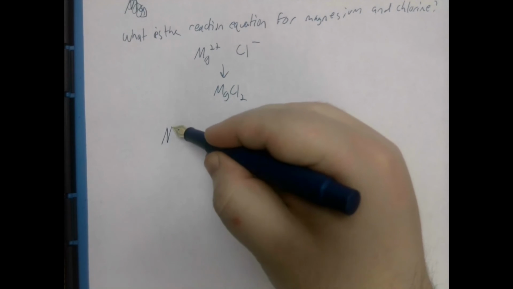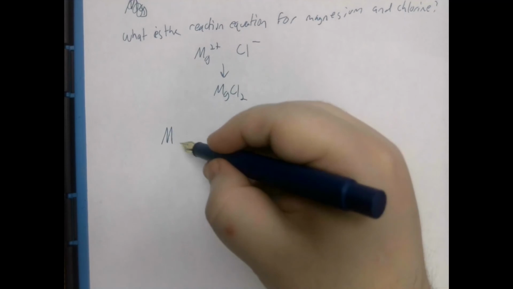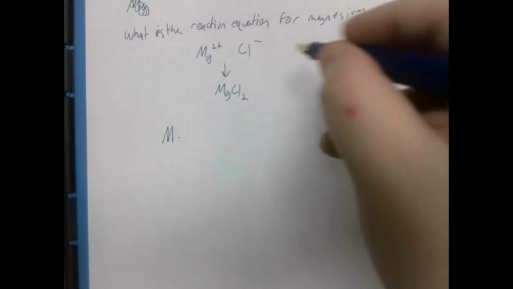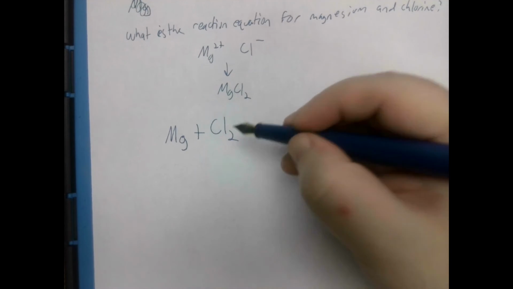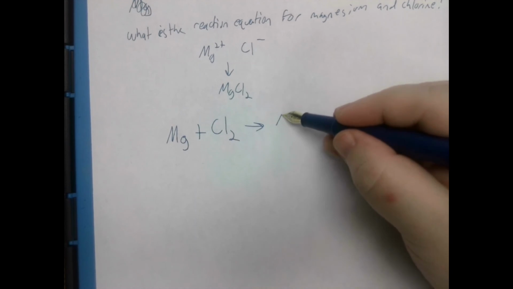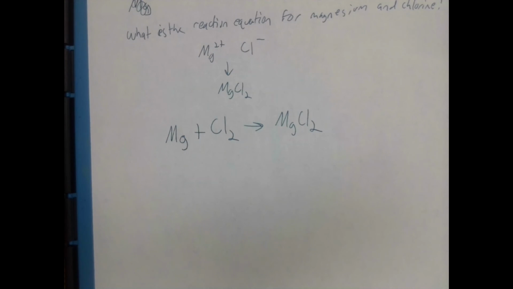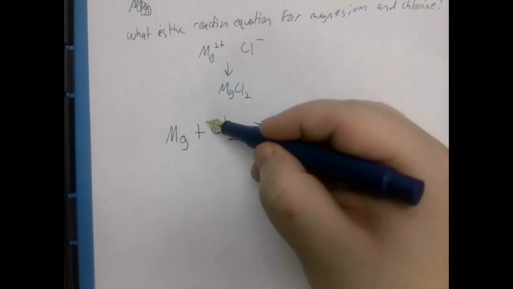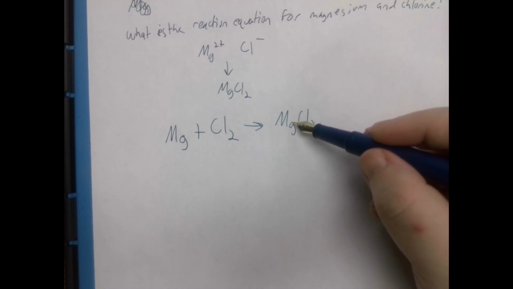So to show you how important this concept is to know right now, because after we do covalent, we're then going to do equations like this. The answer to this is this. This is not the best example. You have to balance everything. So there's one magnesium on the left, one magnesium on the right.